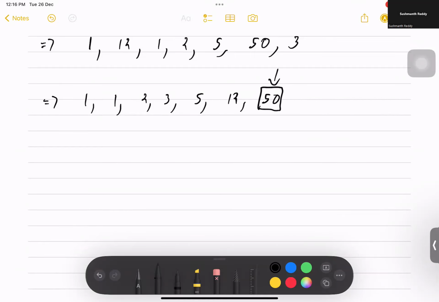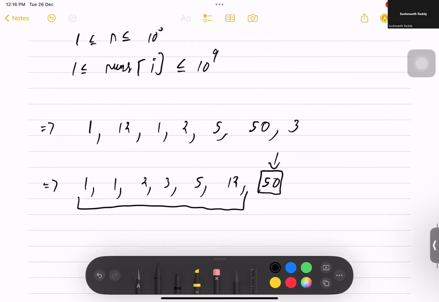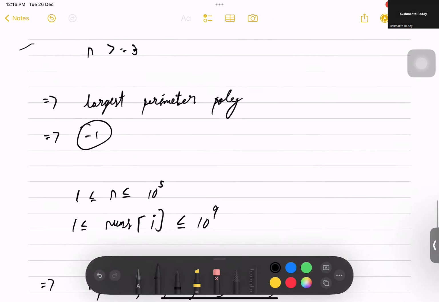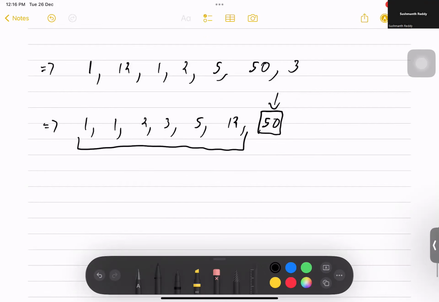If this is the line segment which is the maximum side of the polygon, then it's always optimal to include all the smaller ones, because as per our condition, the largest line segment should be smaller than the sum of all other line segments. So it is always beneficial to include all the smaller line segments into the polygon, because then the probability of the condition being met will increase.